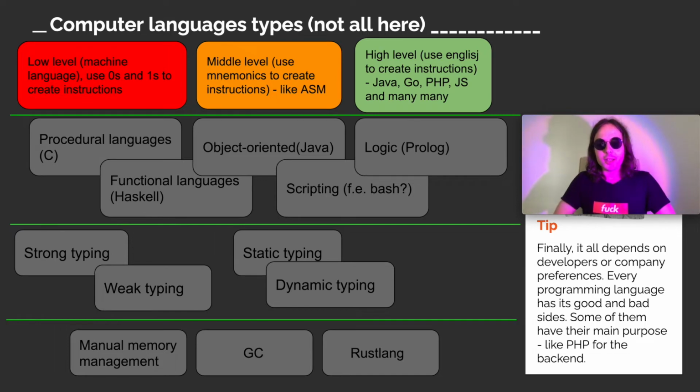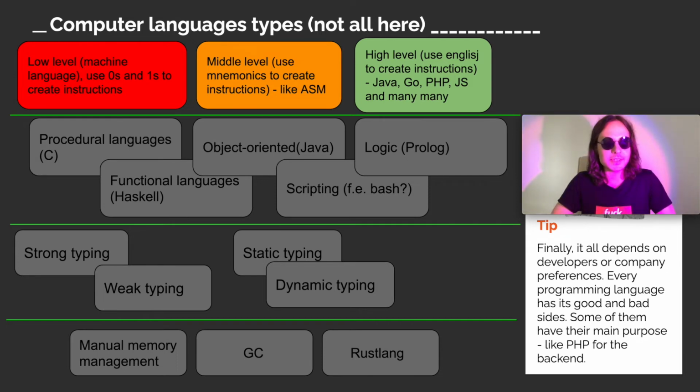First of all, we can describe programming languages as low-level languages, like machine code, for example; middle-level, like assembler, that uses mnemonic tags to show us machine instructions; and high-level languages that actually use English, okay? Like Java, Go, PHP, JS, and many others.